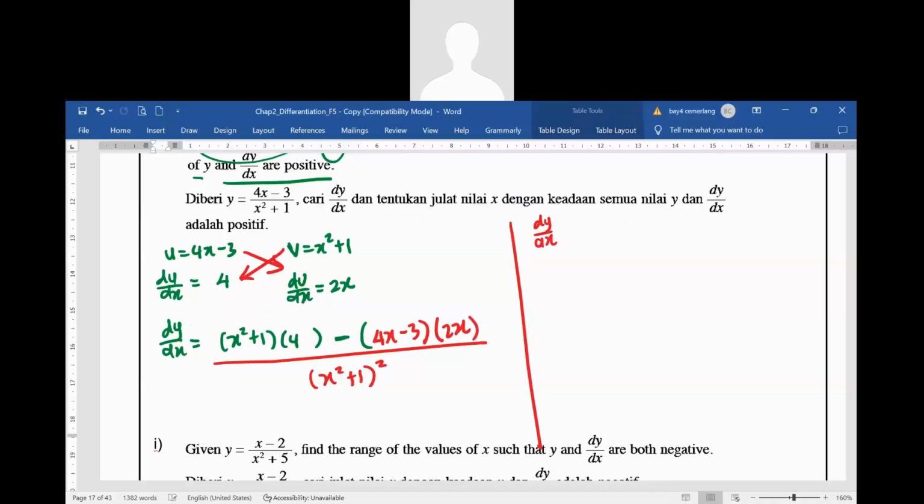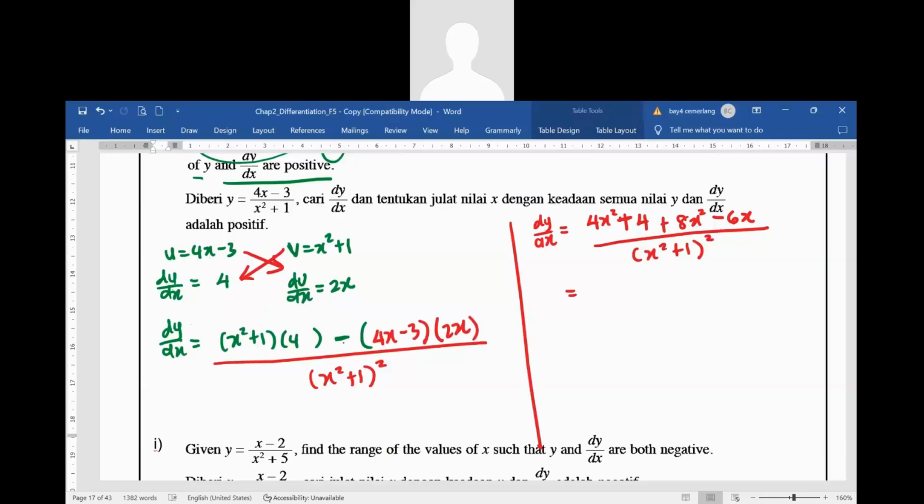So dy/dx is equal to 4 times (x squared plus 1), and then expand this side: 4x times 2x is 8x squared, and then minus 3 times 2x is minus 6x, divided by (x squared plus 1) squared. Don't expand this.